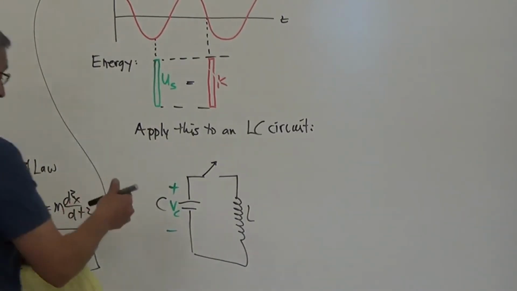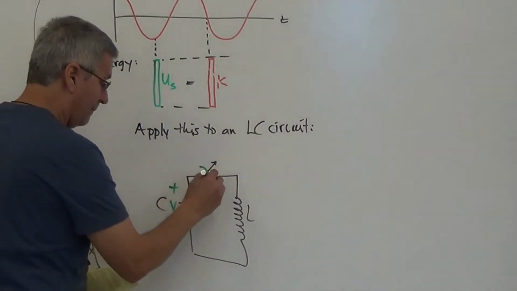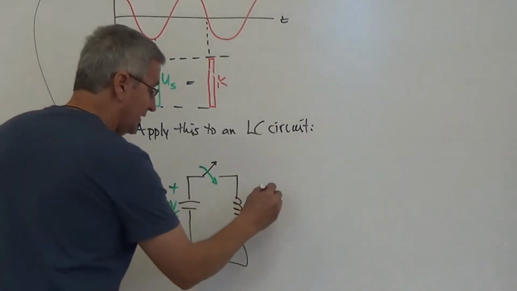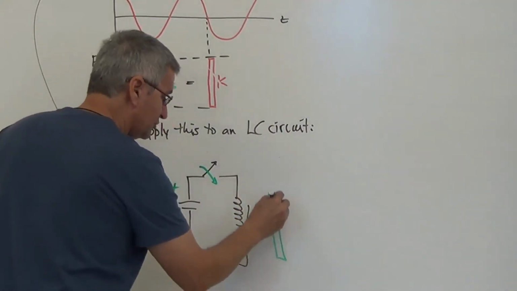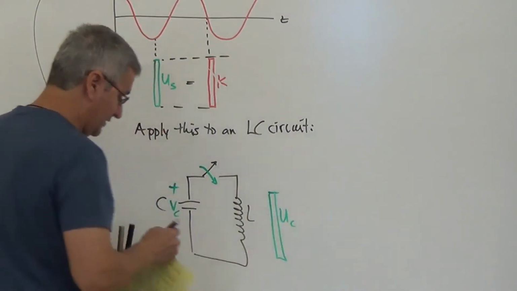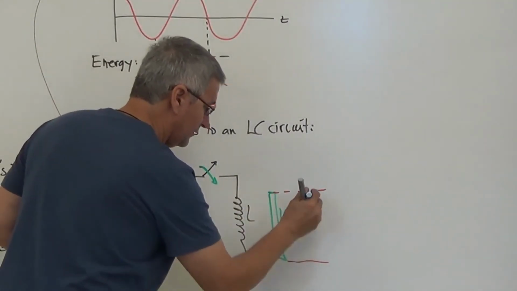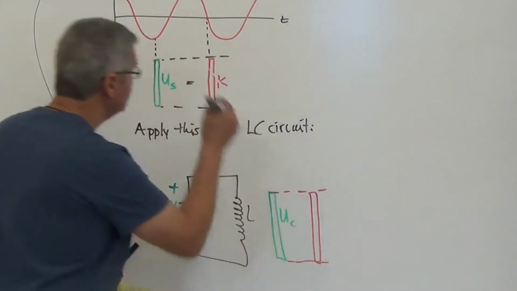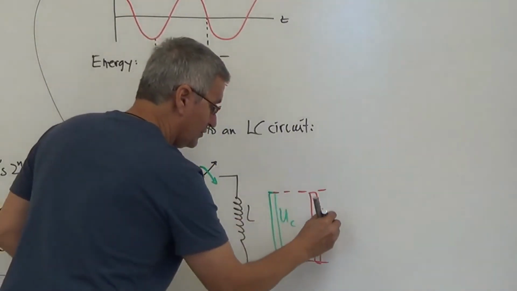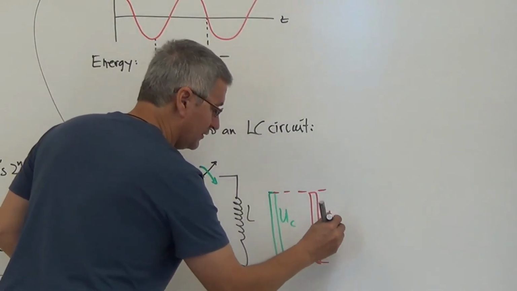So as this thing oscillates back and forth, you're going to see that the energy stored by the capacitor now gets transferred exactly in the same way as this mass spring system to the energy of an inductor.